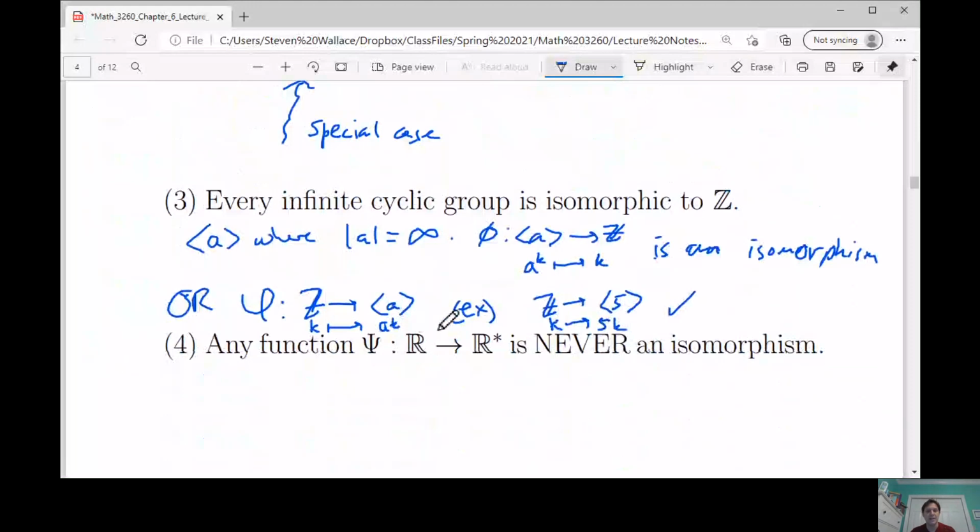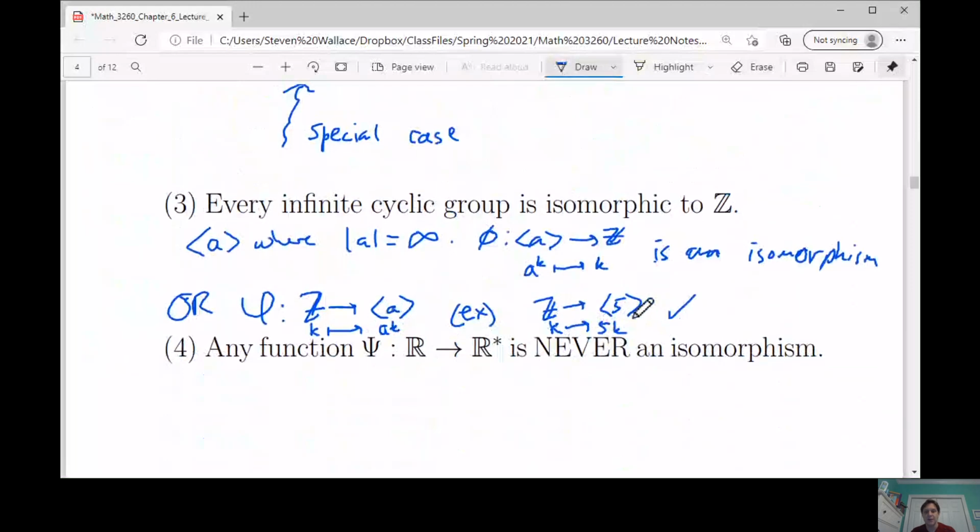Well, it is confusing, but remember that there's a difference between multiplicative and additive notation, and it's just rethinking about what we're doing, right?